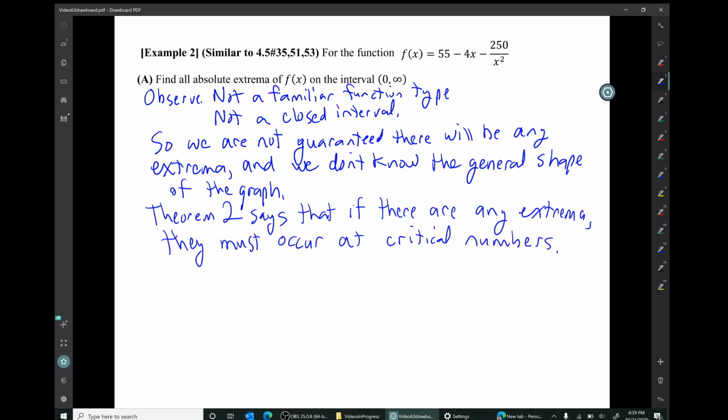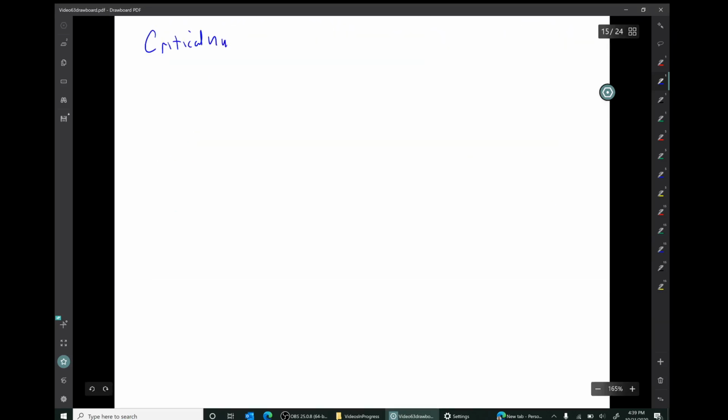So we are led to needing to find critical numbers. We'll do that on the next page. So we need to find critical numbers for our function. That means we're going to start by finding f prime of x. But notice that this function is not in a good form for finding the derivative. It's in positive exponent form. Let's convert this function to power function form.